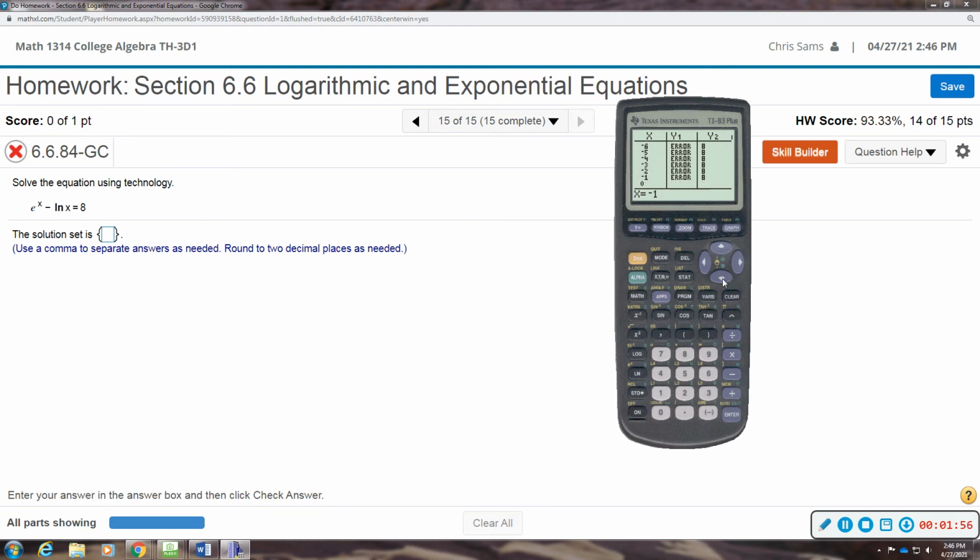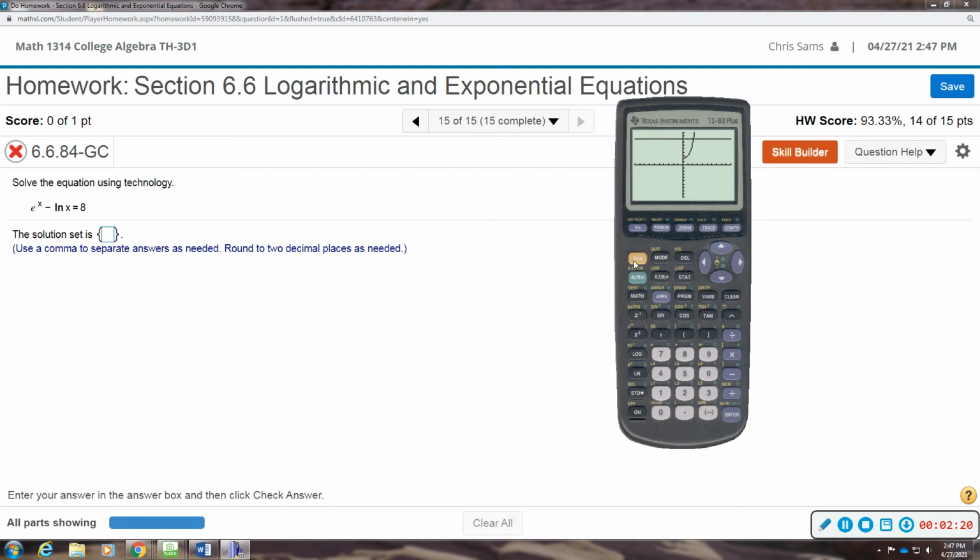But we get, so starting x values of 0, this one is 8 the whole time. We don't get a value here, but after that we get multiple values. So we want to know, if I look at the graph, where these two lines intersect, and we can see they intersect here.